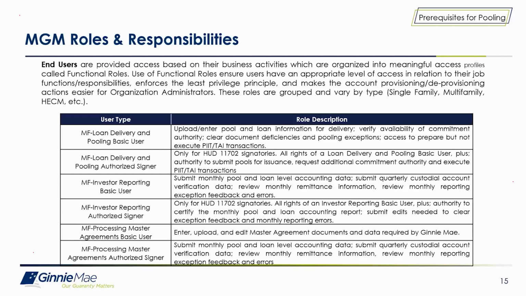If you have authorized signers, you don't need to give them the pooling basic user role, because you're just cluttering up their system. Just give them the authorized signer role alone, and that's good enough because it will incorporate whatever the basic user functionalities were. Next slide, please.